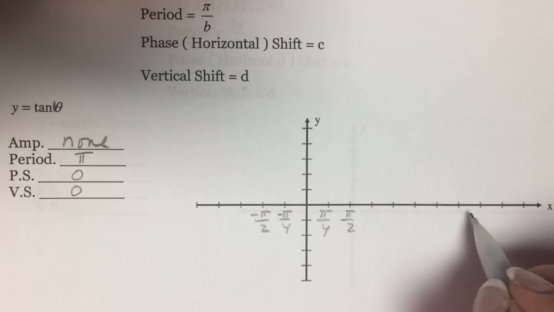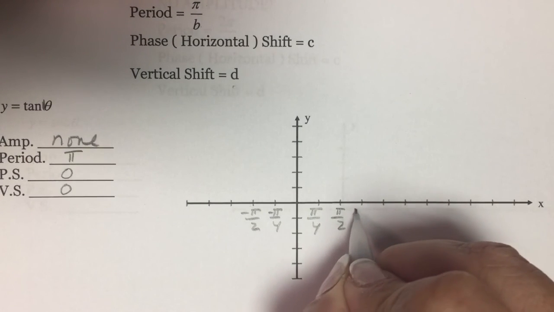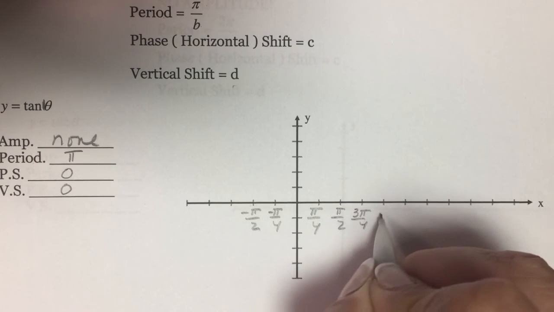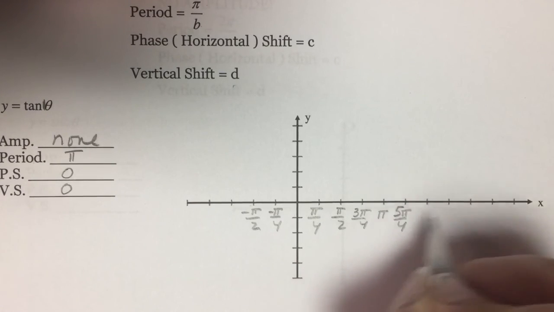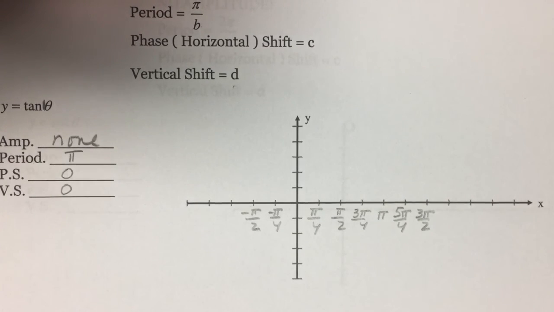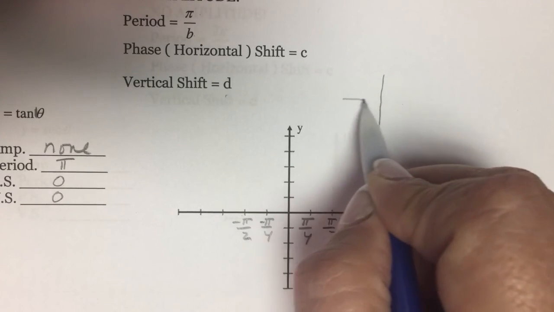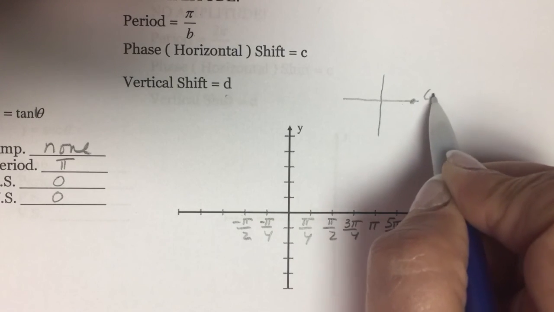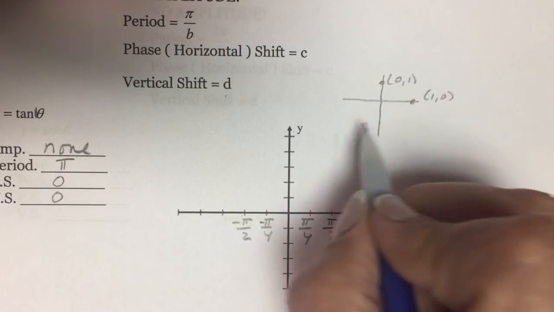Okay, so I need to go in the second period. It's going to be over here. So 1 pi fourths, 2 pi fourths, 3 pi fourths, 4 pi fourths, 5 pi fourths, and 6 pi fourths. Now, why did I do this? Well, if I'm at negative pi halves, let's go ahead and think of our unit circle like this.